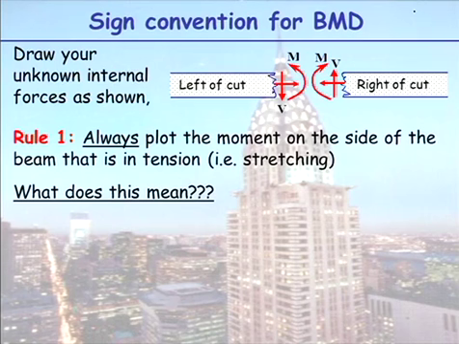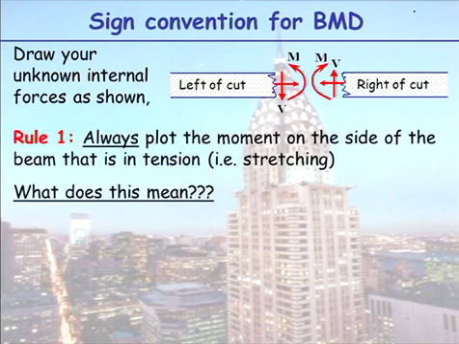So, if I have a beam loaded and it creates that shape, what's my bending moment going to look like? I don't know what shape my bending moment has yet, but I know I'm going to be drawing it on the bottom, because that side is in tension, and then I'm going to draw it on the top. So what do we call the point between, where it's on the bottom and on the top? Point of inflection.